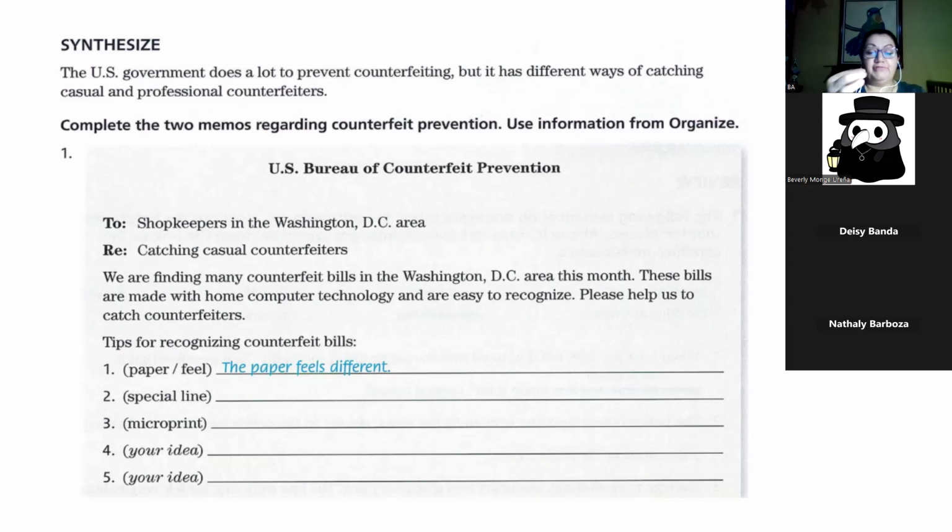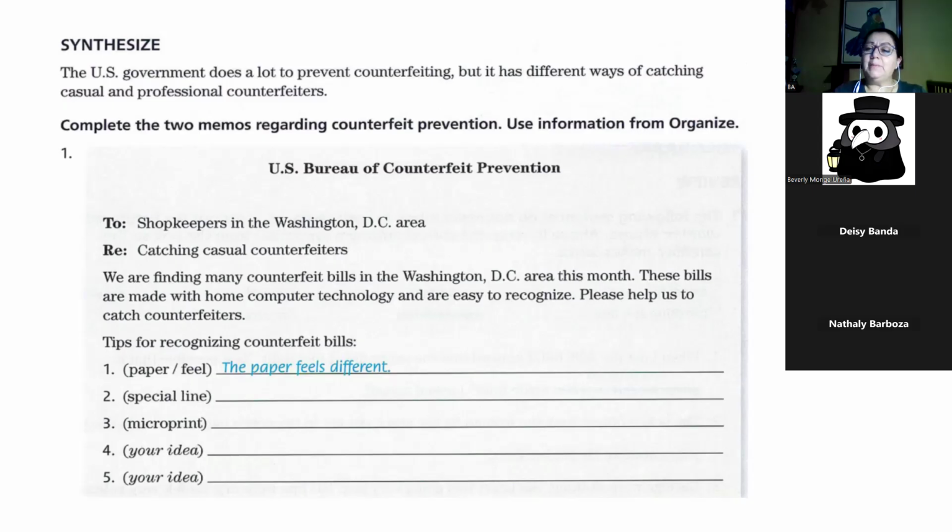So we know about the fill that is different. We know about the line, about the microprint, about the yellow ink. What else? Do we have any other idea? Doesn't have the line with the US. Okay, it doesn't have the line.